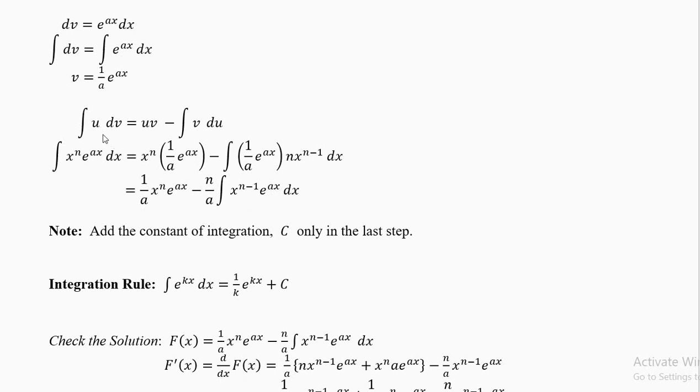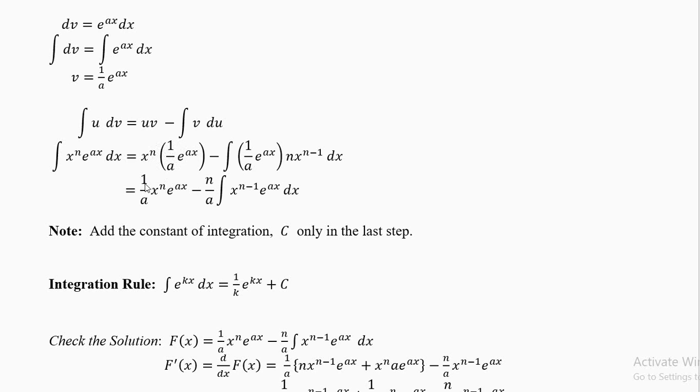Now apply the integration by parts. Integral of u dv equals uv minus integral of v du. Now u equals x^n and v equals (1/a) e^(ax). Now this v is coming outside and inside. Outside there is no problem. It is algebra.